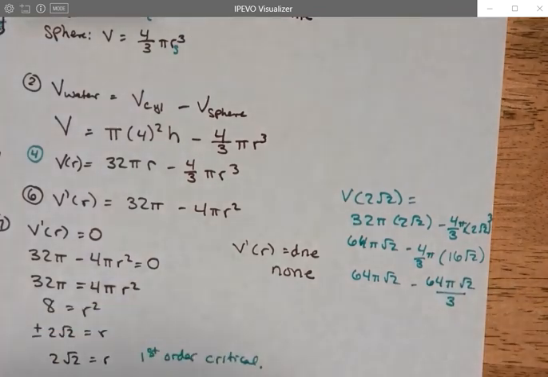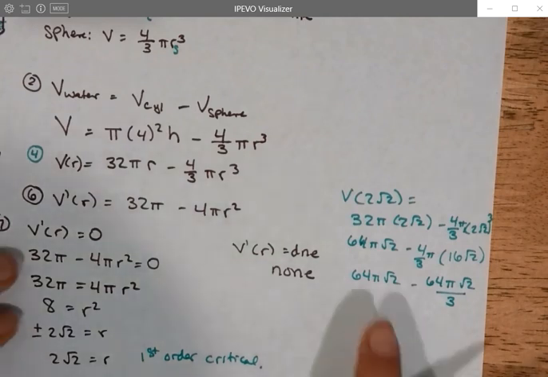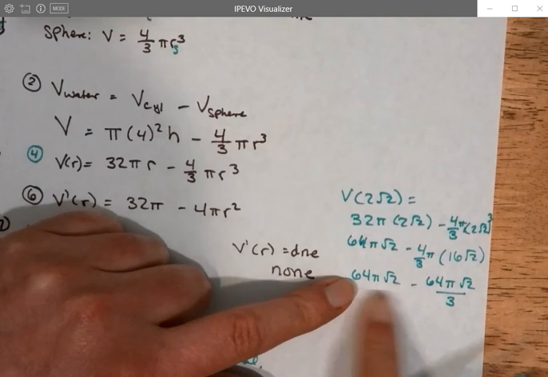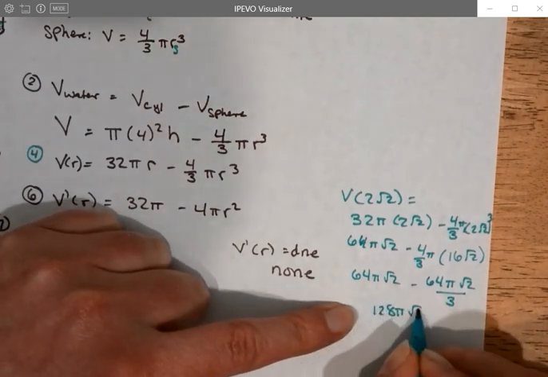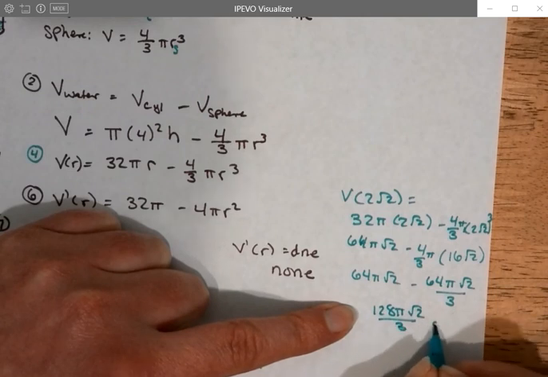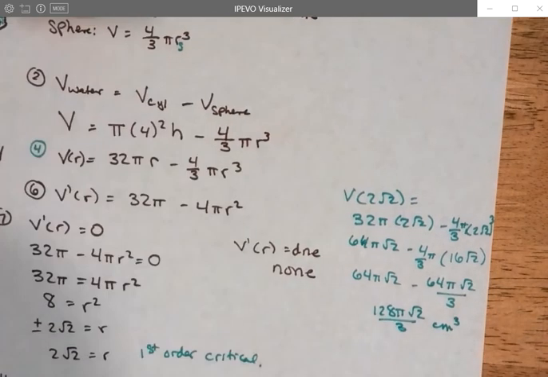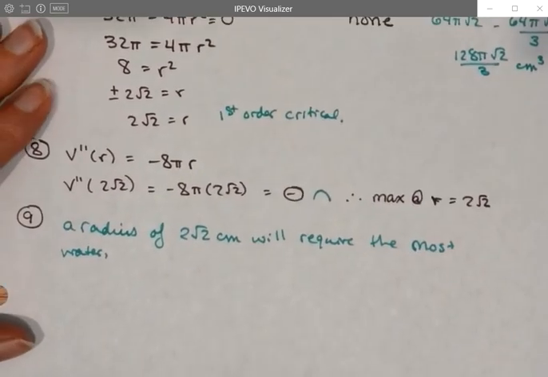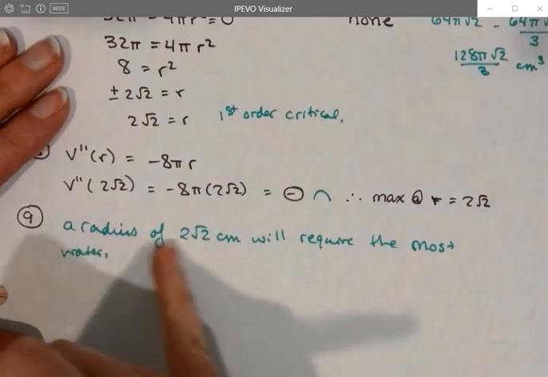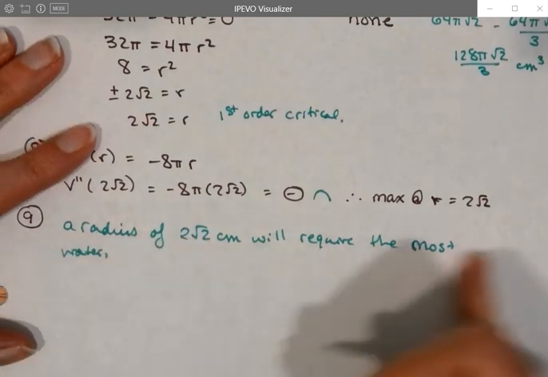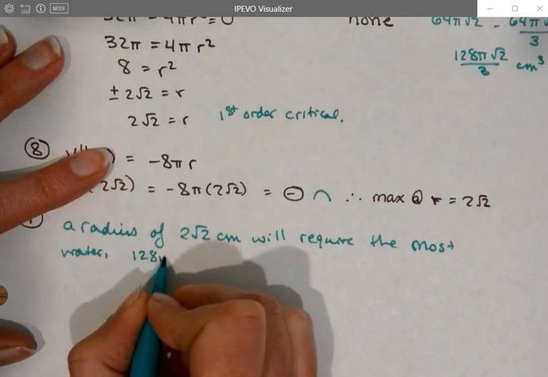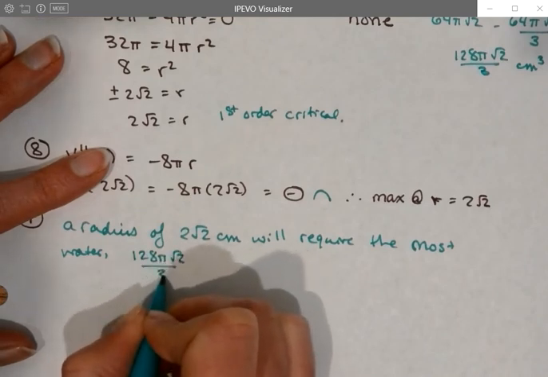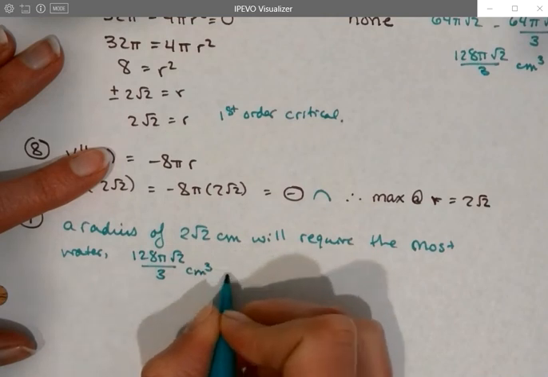Getting a common denominator on that ought to give us 64 times 3 minus 64, which should be 128 pi square root of 2 over 3 cubic centimeters. So back down to my conclusion: the radius of 2 square root of 2 centimeters will require the most water, 128 pi square root of 2 over 3 cubic centimeters of water.